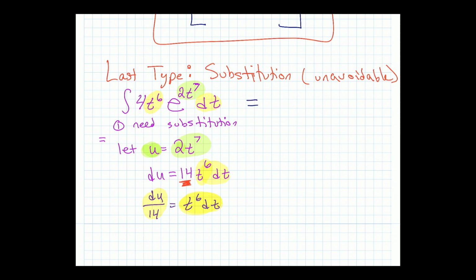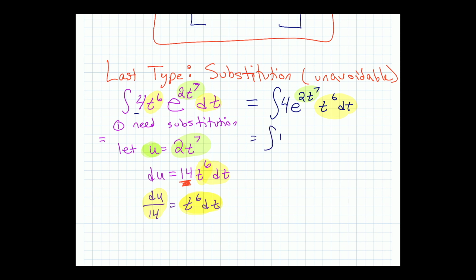So what are they going to look like? Integral. What happens to the 4? Nothing, right? We're not doing anything to the 4. It's just carried along for the ride. Then you've got, well, actually, I'm going to do this in an extra line. 2t to the 7th, t to the 6th dt. Okay. And then that way we have the t to the 6th dt there, and we have 2t to the 7th there.